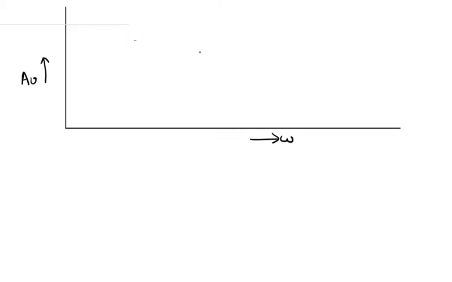So let me use a different color. So the gain is really constant over the middle range of frequencies. Okay, and the value of the gain in the middle range of frequencies is basically denoted by A0, just as I stated earlier.